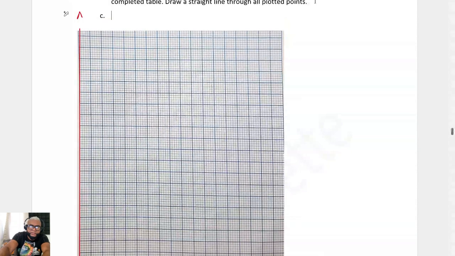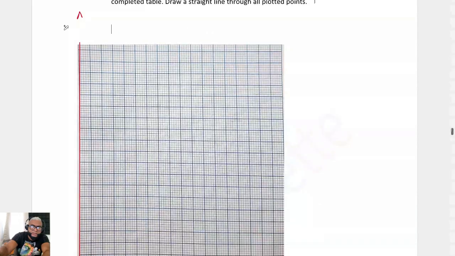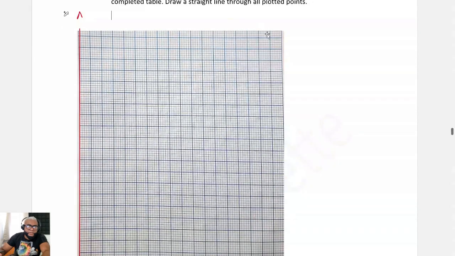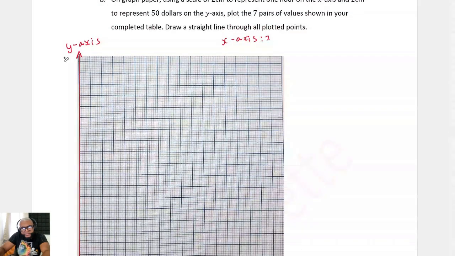Let me put in my scale now. Put in your scale, put in your heading for each axis. So this is your Y-axis. Scale for the X-axis would be 2 centimeters to 1 hour.